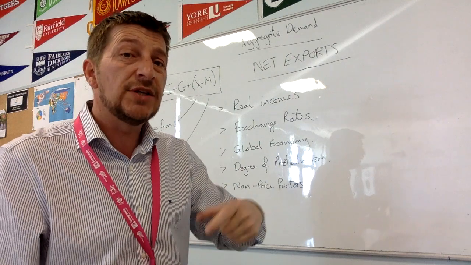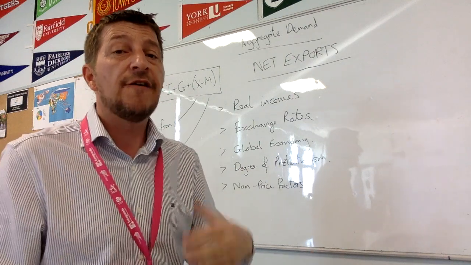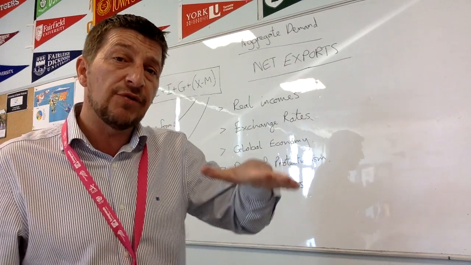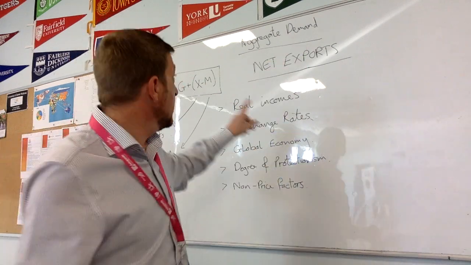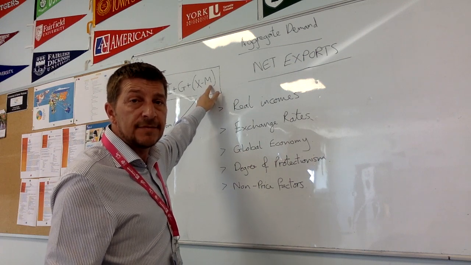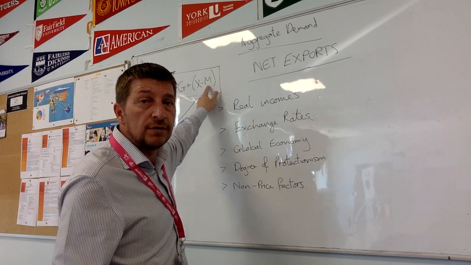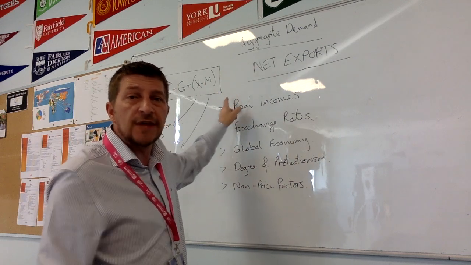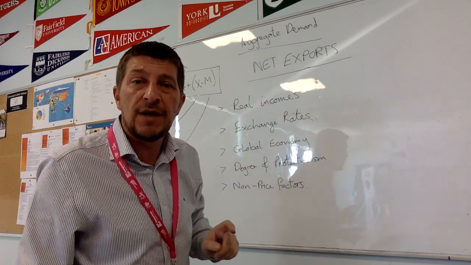So we are much more likely to import goods if our incomes are increasing. If incomes are decreasing, then what we'll see is less import spending. So this figure here would fall, which would have an effect on our net export level.